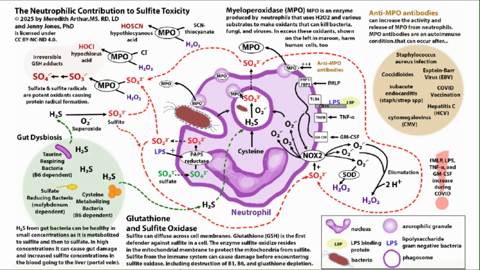So right here, the sulfite can be produced during the phase where your neutrophil is going through phagocytosis, and it engulfs this bacteria, and then inside the phagosome, the superoxide will convert hydrogen sulfide into sulfite, and that can come from cysteine metabolism within the neutrophil, or neutrophils are also capable of taking up hydrogen sulfide and producing sulfite from that.